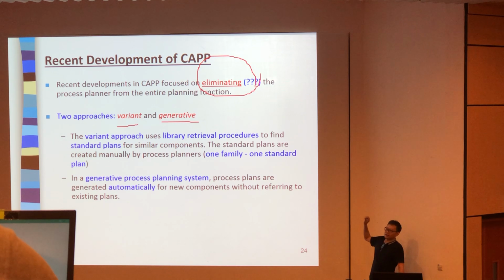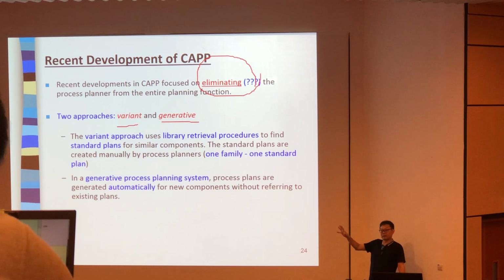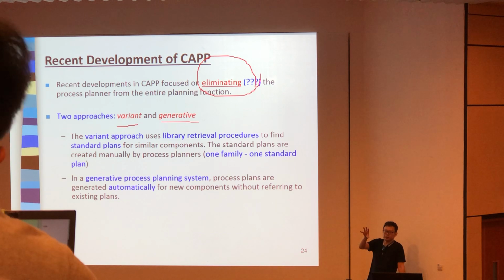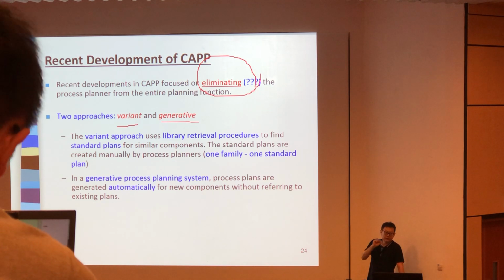This follows the group technology approach. Just like a design part family, here we have a manufacturing family. Suppose we build such a system, which means we already identify part families. Under each family, the parts share similar process plans.